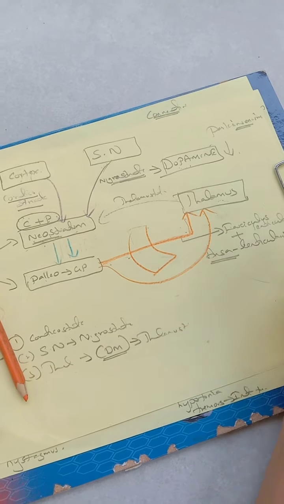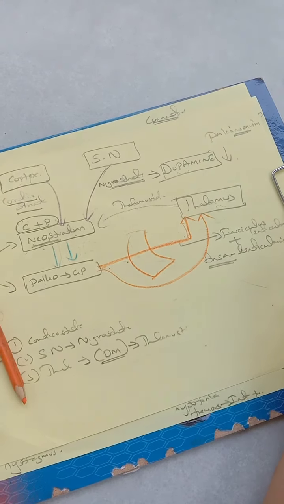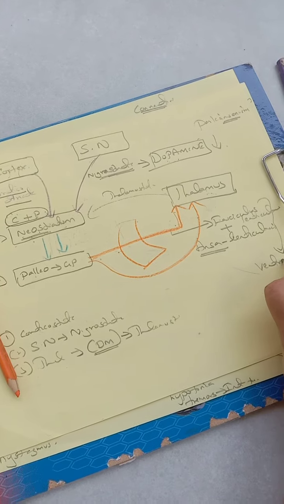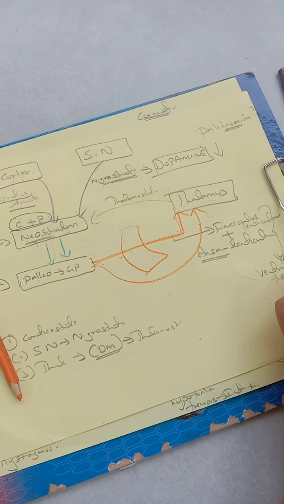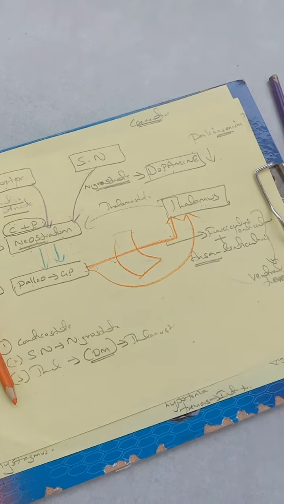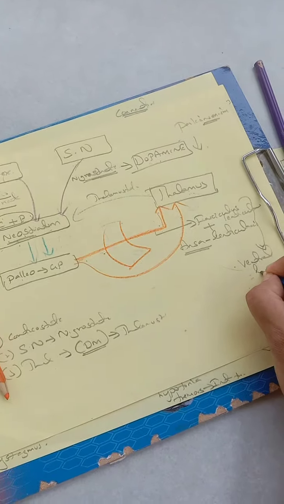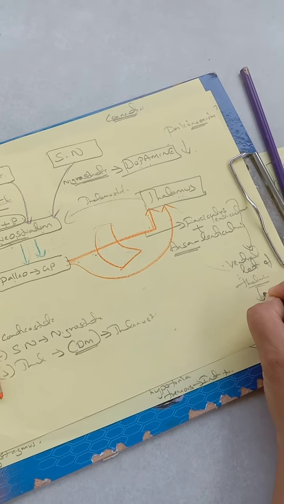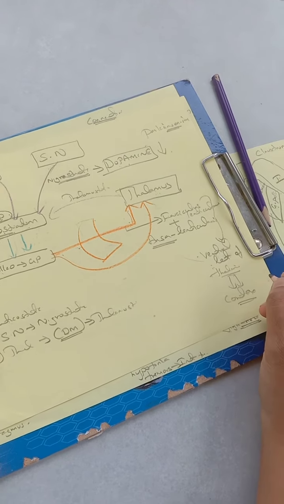Going to which main center? Thalamus. Which nucleus of thalamus is this efferent going into? Very, very, very important. That is the ventrolateral nucleus of thalamus. From there it will be going to the cerebral cortex via thalamic radiation.